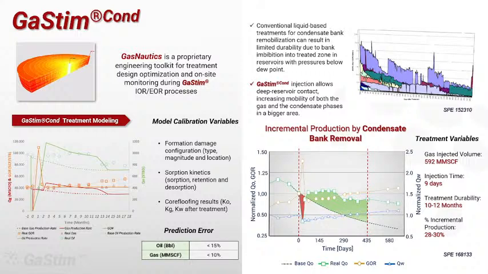That is a very great number when we're talking about treatment durabilities in the industry, giving us an incremental hydrocarbon production of between 28 and 30%. And with our GaStimCond model, we could see a prediction error of less than 10% on the gas forecast.